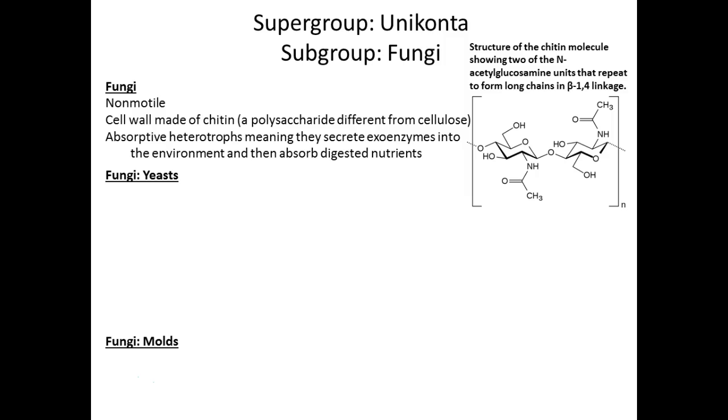Okay, so the really interesting thing about these organisms is they're absorptive, which means they release enzymes into your food and then digest it and soak it up. So this is why when your bread gets moldy, it gets mushy, because it's digesting it. Your cheese, right? You can't cut the mold off, y'all. It grows into the cheese. Same thing with the bread. It grows into it.